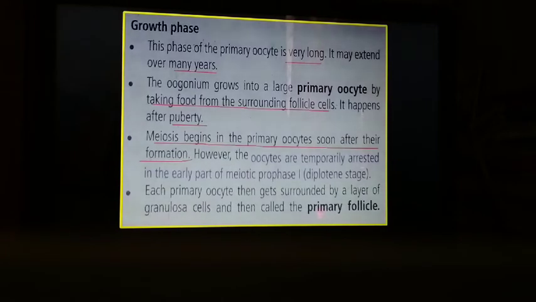and the primary oocytes which are formed are temporarily arrested in the early part of meiotic prophase 1, that is, in the diplotene stage of prophase 1 of meiosis 1. Later each primary oocyte gets surrounded by a layer of granulosa cells, which is known as the primary follicle.